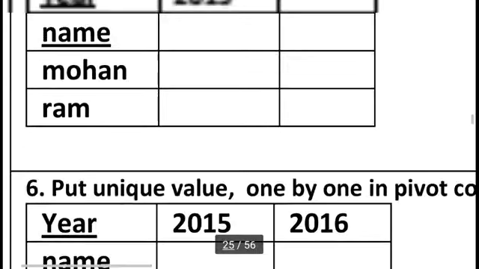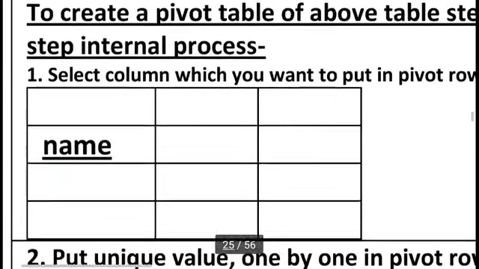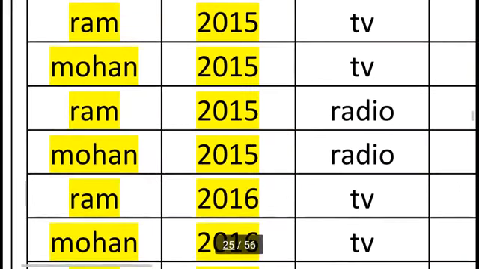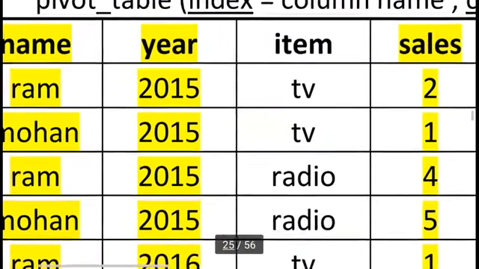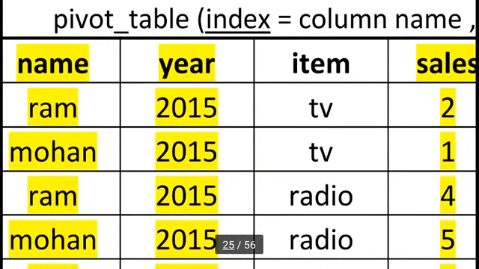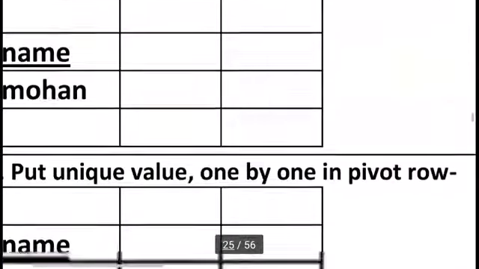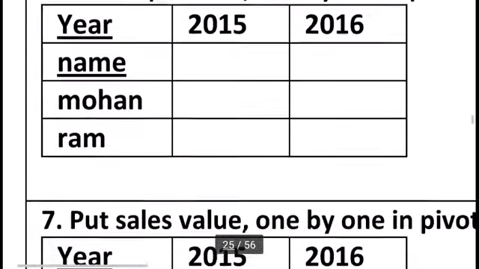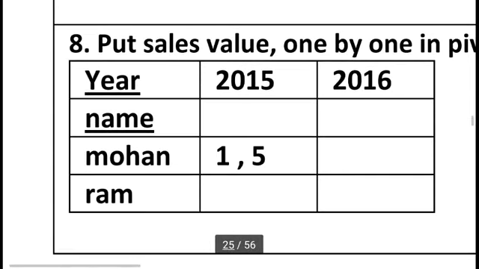So you can see Mohan and 2015, the last is 5. So this data will be set in this pivot cell. In this style we can capture values one by one and put them in the cross table pivot cell.